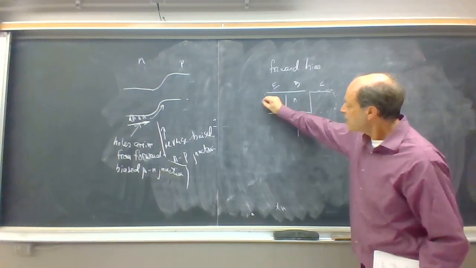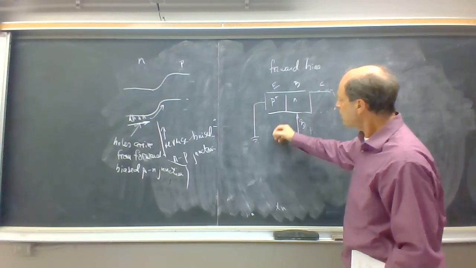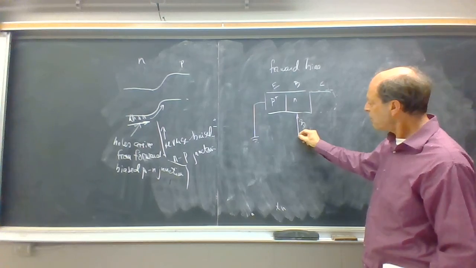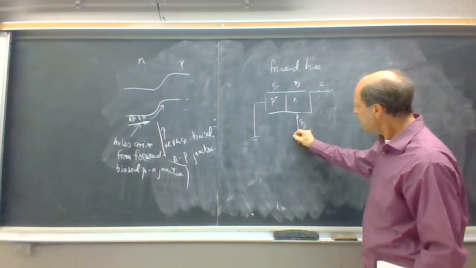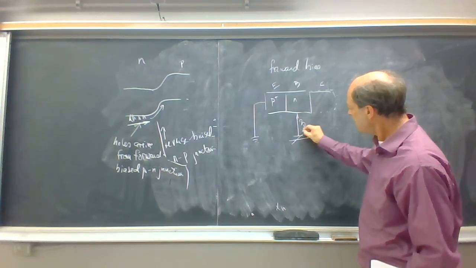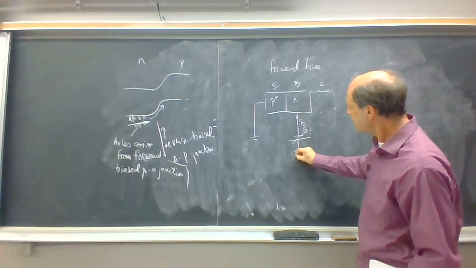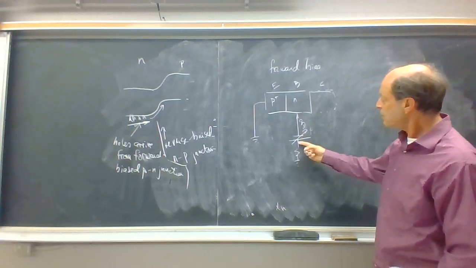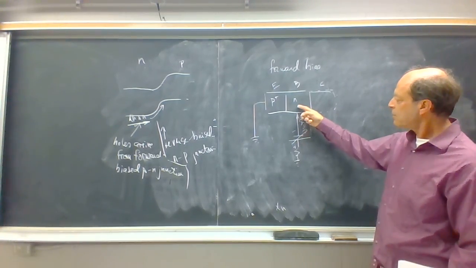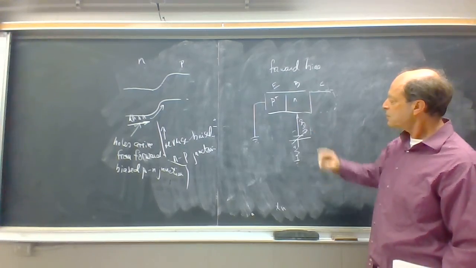So imagine if instead of controlling the voltage on the emitter, imagine that we control the voltage on the base with an appropriate adjustable voltage supply. So here's an adjustable voltage. It'll give us a forward bias across this emitter base junction.